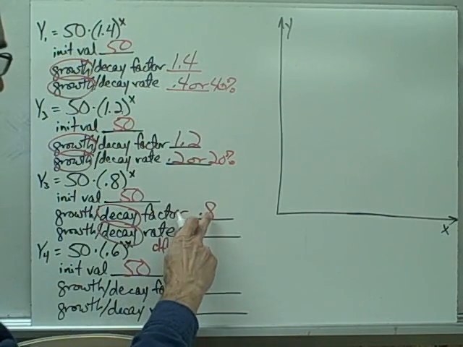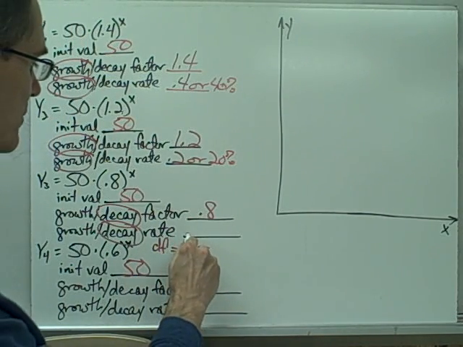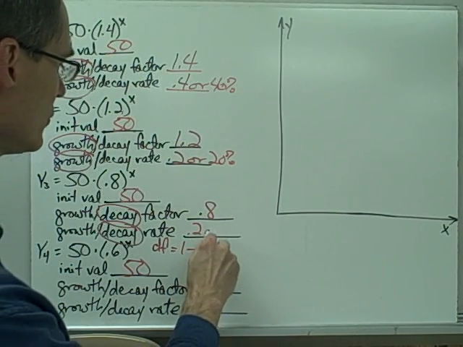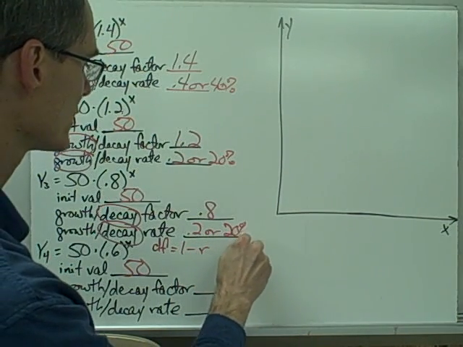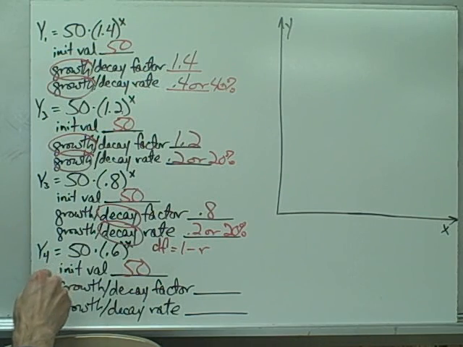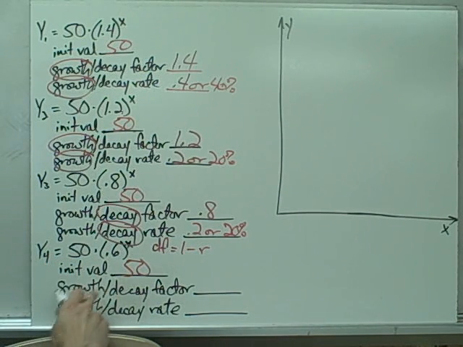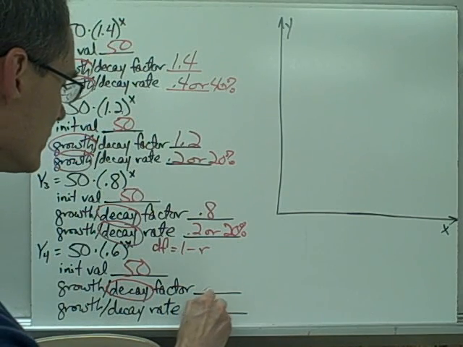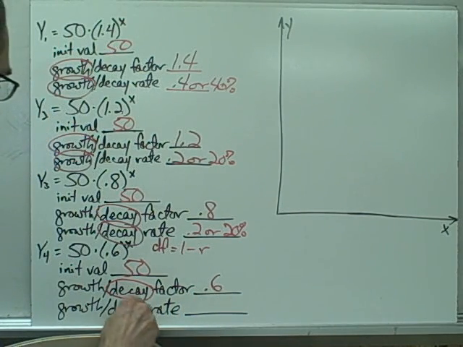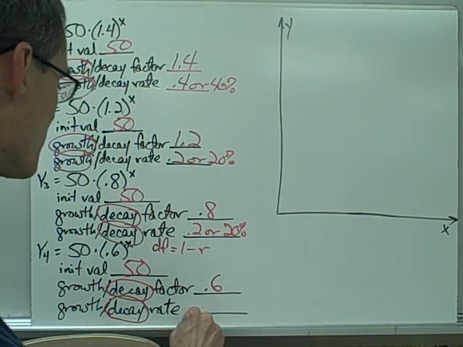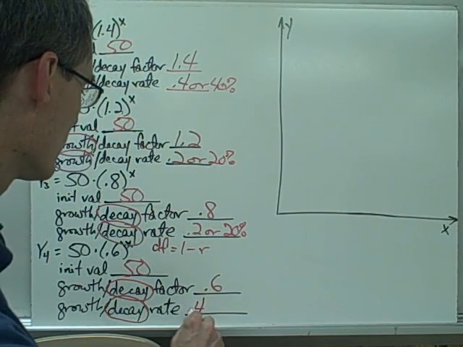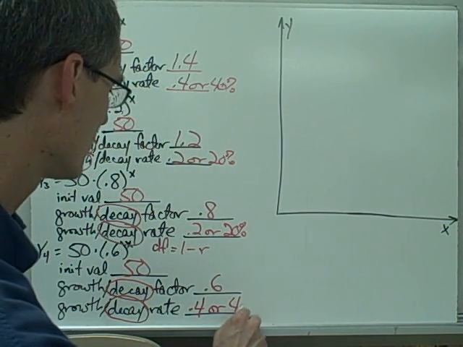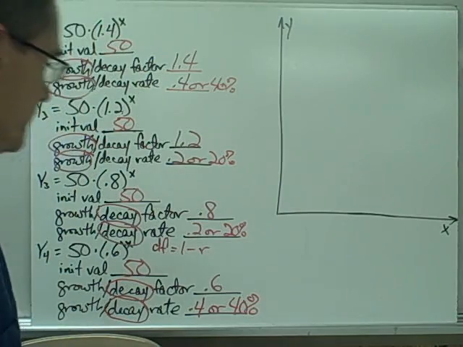So if my decay factor is 0.8, my decay rate must be 0.2 or 20%. Function number 4, my initial value is 50. Again, I've got a decay factor because it's less than 1. My decay factor is 0.6. And my decay rate must be 0.4 or 40%.